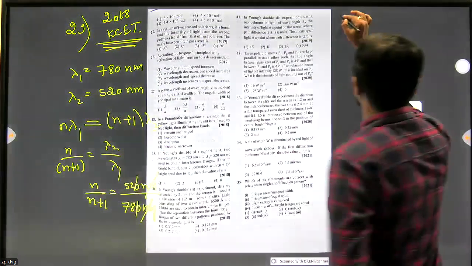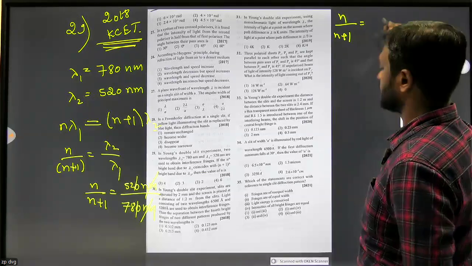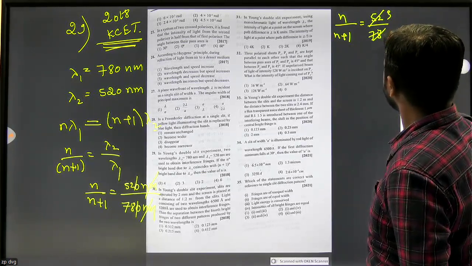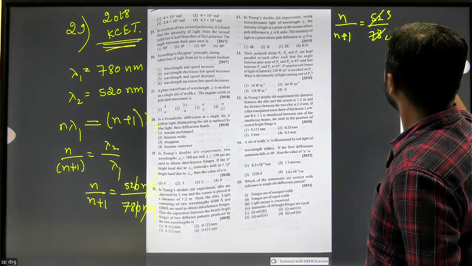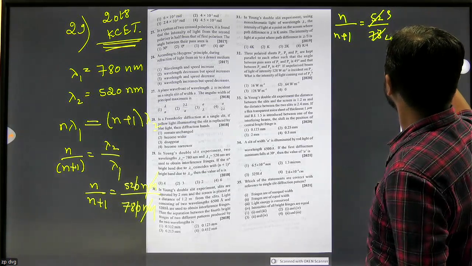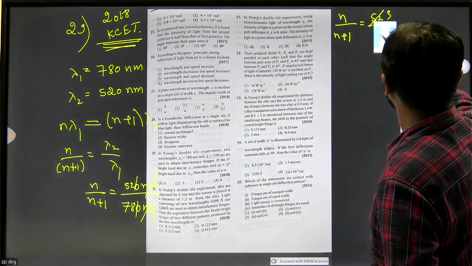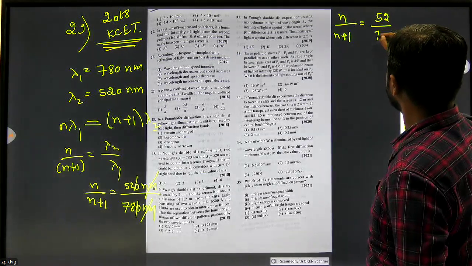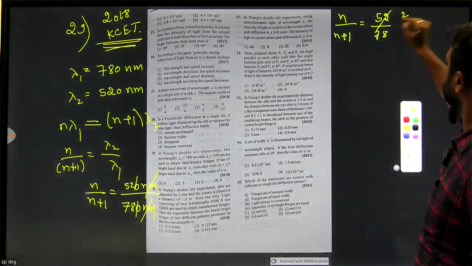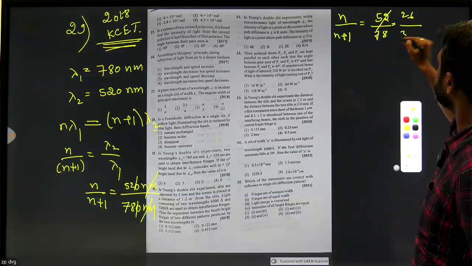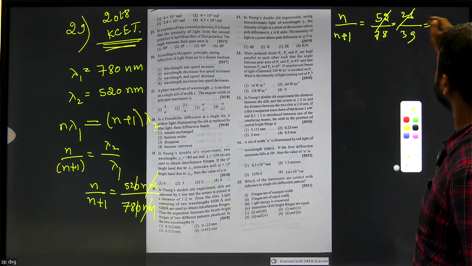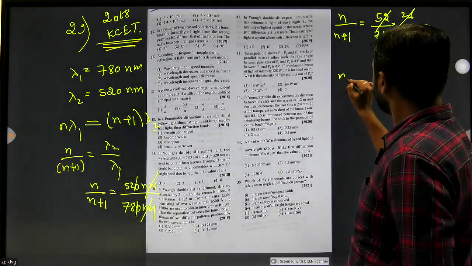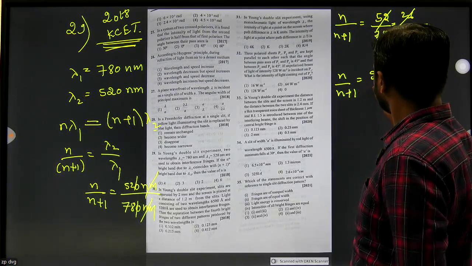Then n by n plus 1 equals 52 divided by 78, which is 2 by 3. Is it clear?